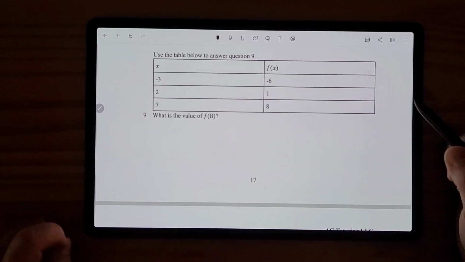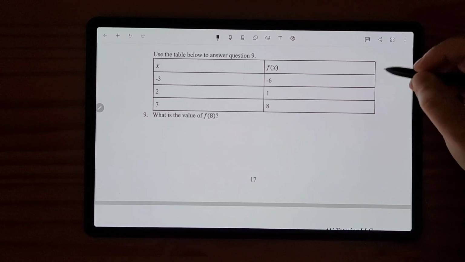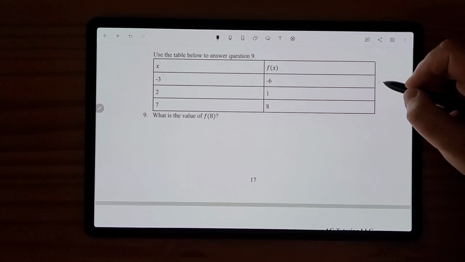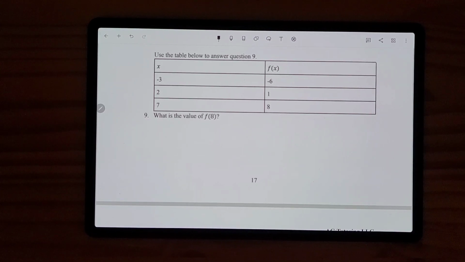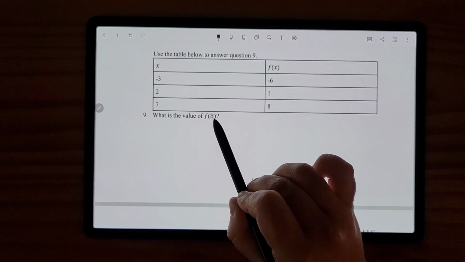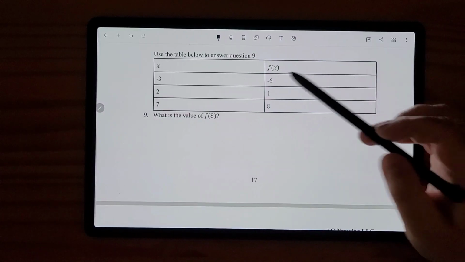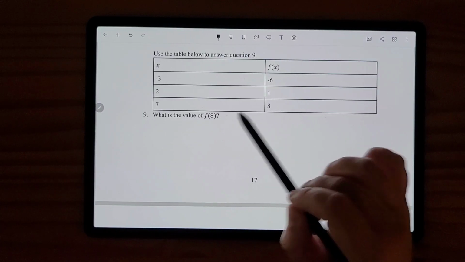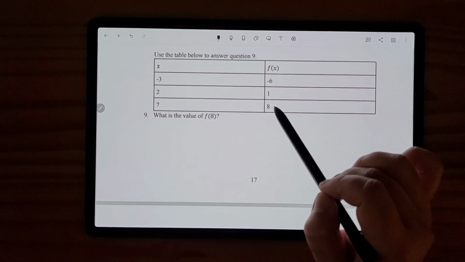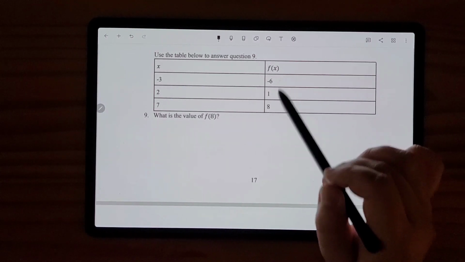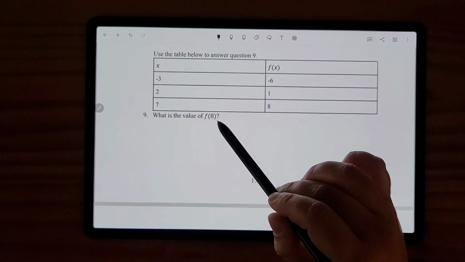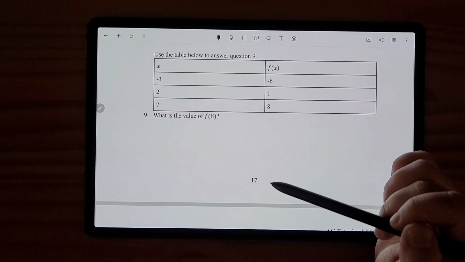So for question number 9, first we need to look at the table and figure out how I can write an equation, or a function, for this, so that I can plug 8 in for my x value of the function. A lot of people would mess up and say, oh, I'm going to look where there's an 8 in the table, but remember, this is in the f of x column, so this is saying f of x is equal to 8, not that you're finding f of 8.